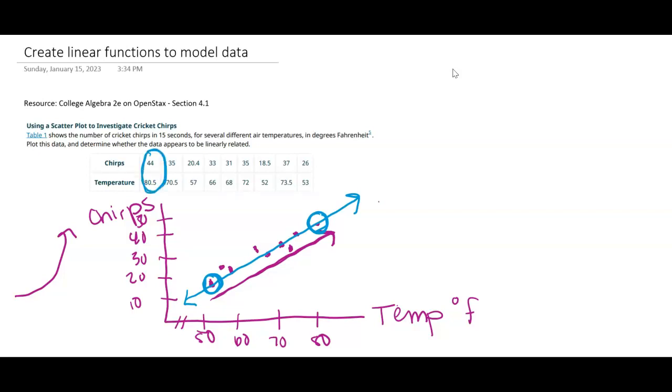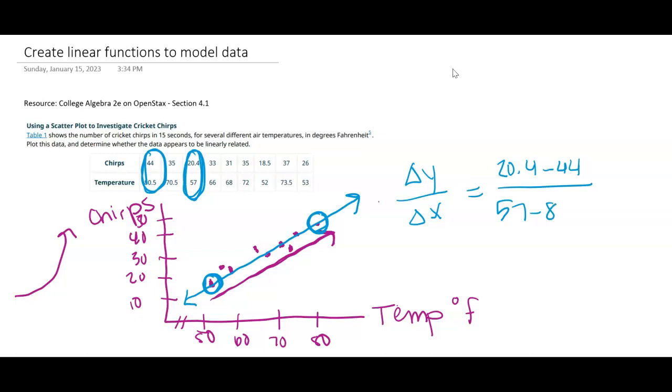So I'm going to use my highest data point and then my lowest data point. Now remember, I want to do change in y over change in x. So I want to do change in chirps. Let's do 20.4 minus 44 over change in temp, being consistent here.